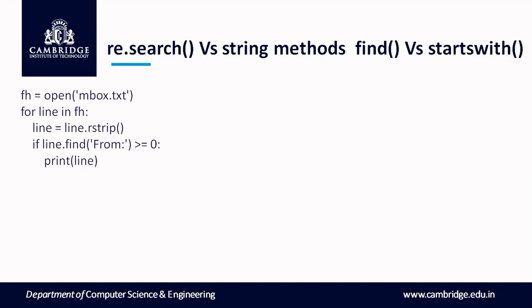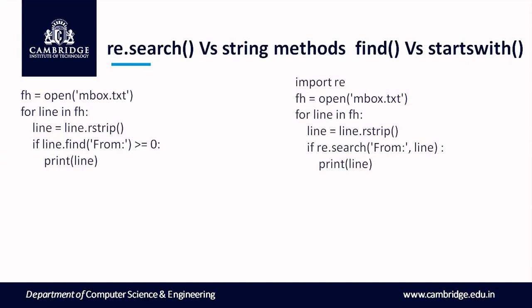If we want to use the string method find, then we will be using this code. Suppose for the same problem, if we want to use a regular expression, then we will be using this. So when we compare these two codes, the output is similar.